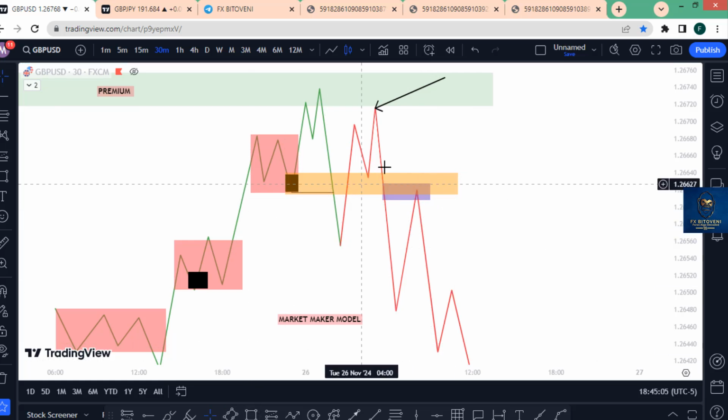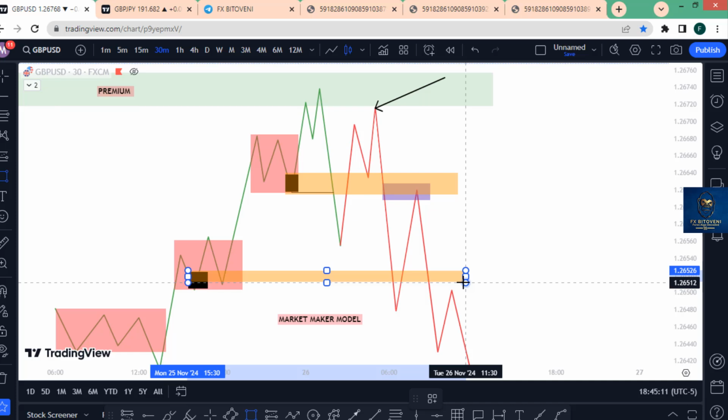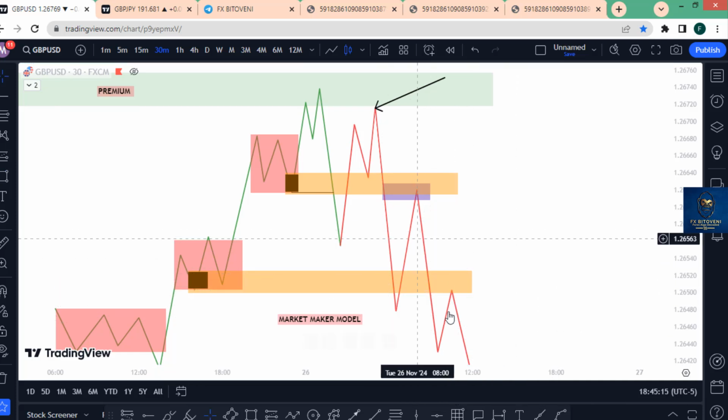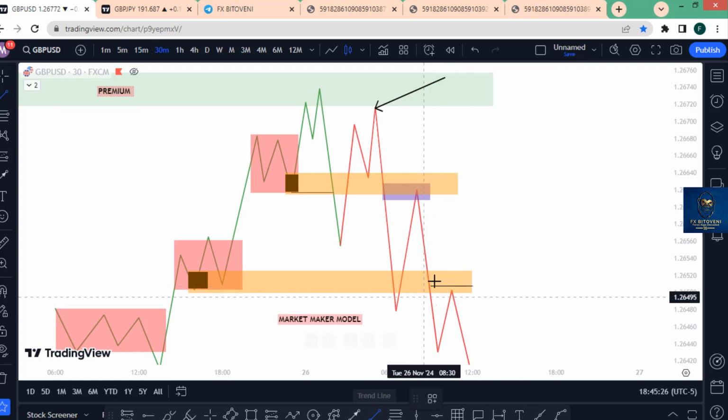Now price will drop. After price drops, there will be another zone right here. This zone will also be tested, and there will be another fair value gap here, or imbalance, or price inefficiency, whatever you call it.